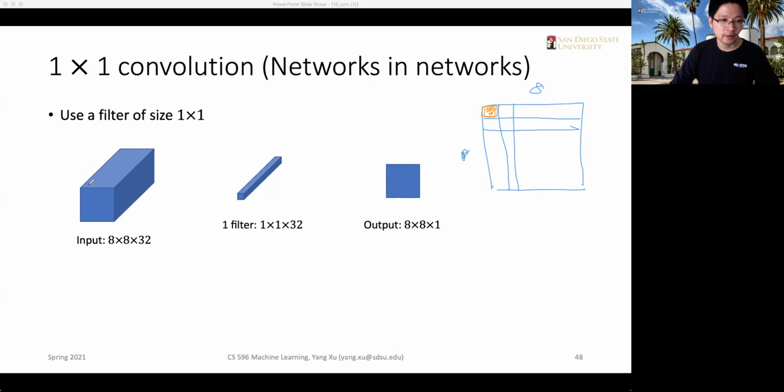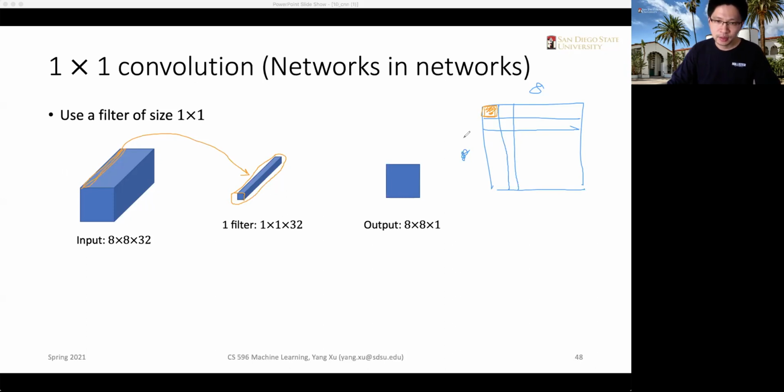In the case of this input, it will be a very long 1 by 1 by 32 vector, which will be convolved with this filter, right? Essentially it is just a summation of products.